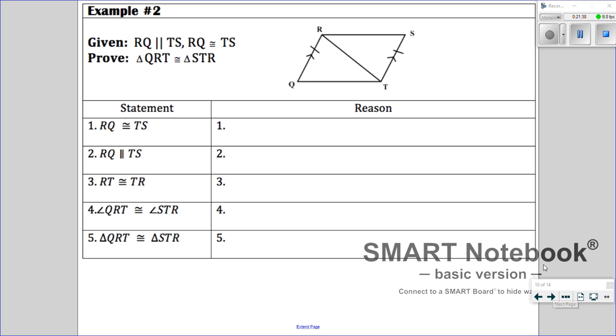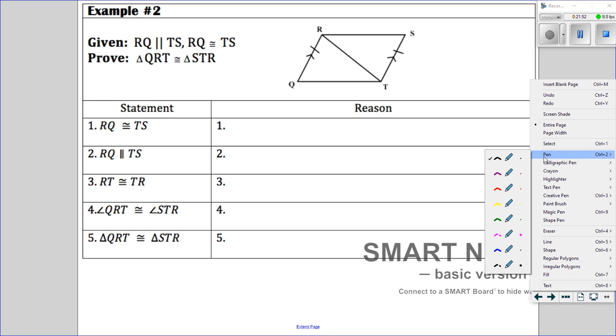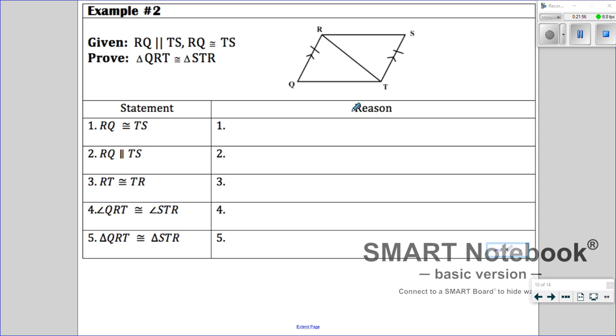Now the next one, they said that RQ is parallel to ST. So you can see by the little arrowheads, which I will actually, you know what? Yeah, I'll show this. So they're just telling me that these are parallel to each other.